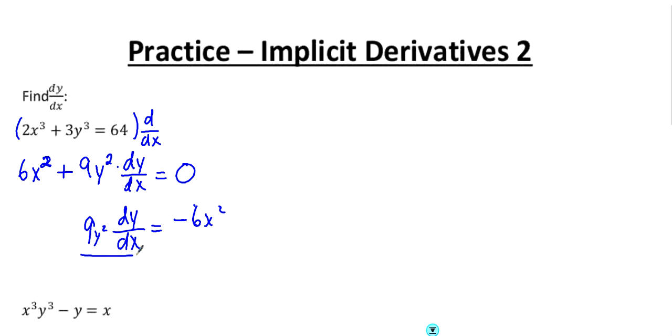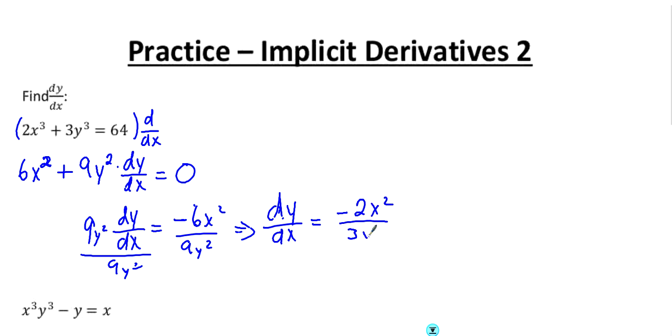Then we divide both sides by the 9y squared, so we get dy over dx equals negative 2x squared over 3y squared when you finish simplifying.